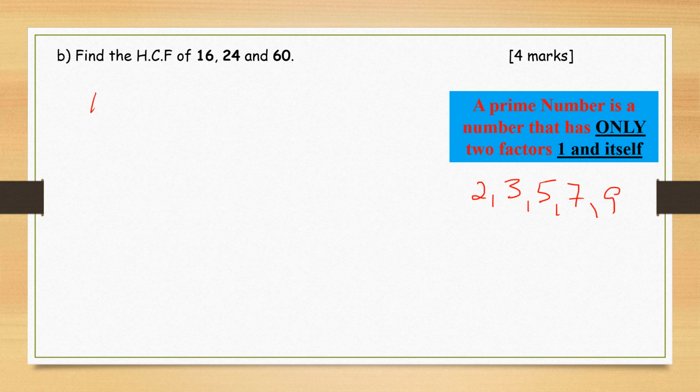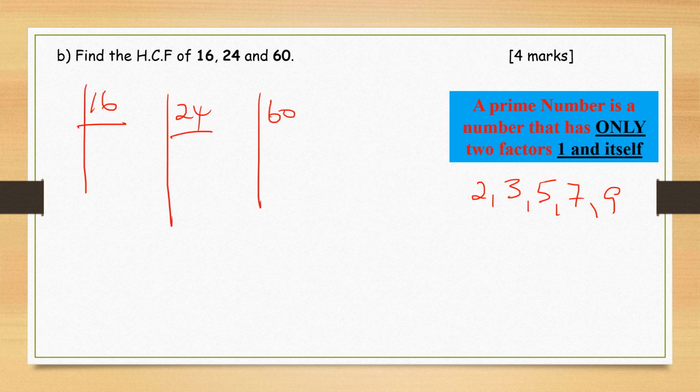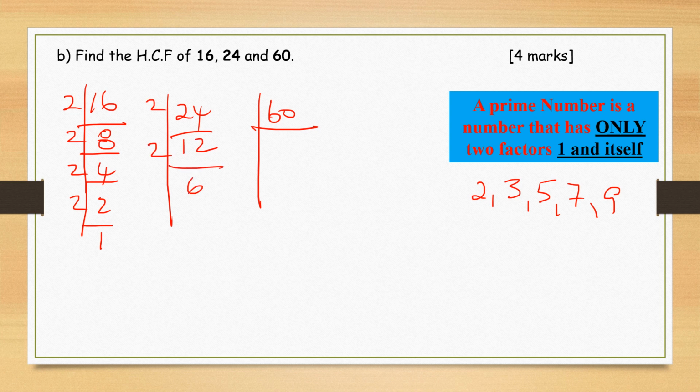So we're going to write 16, 24, 60, and we're going to divide. 2 into 16 is 8, 2 into 8 is 4, 2 into 4 is 2, 2 into 2 is 1. 2 into 24 is 12, 2 into 12 is 6, 2 into 6 is 3, and 3 into 3 is 1. 2 into 60 is 30, 2 into 30 is 15.